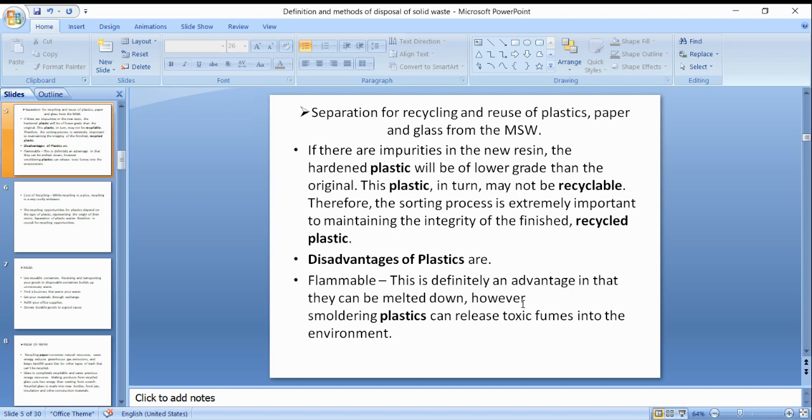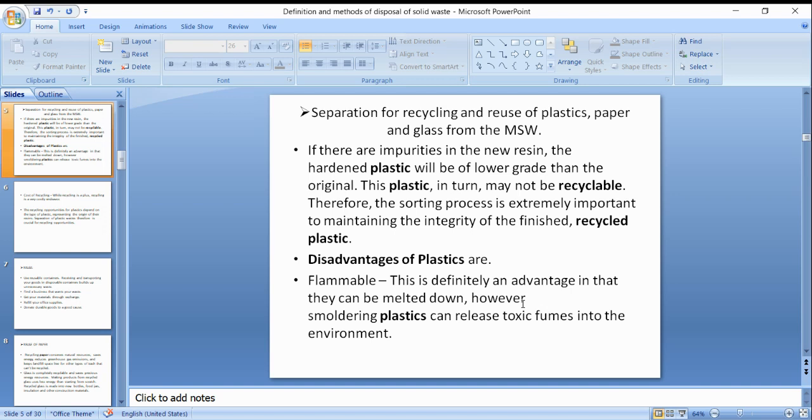So the hardened plastic will be lower grade than the original one, and this plastic in turn may not be recyclable. So some of the plastic which cannot be recycled should be sorted out, and it's extremely important to maintain the integrity of the finished recycled plastic. So the non-recyclable ones are to be removed from the rest.